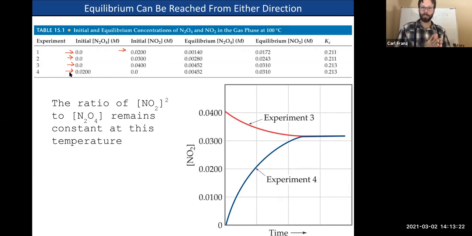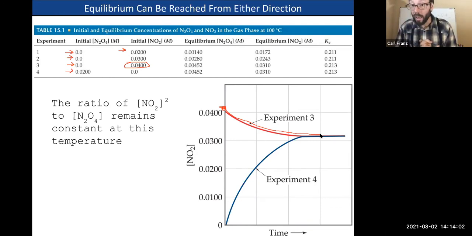And if we plot the concentration of nitrogen dioxide over time to see at what point it reaches equilibrium, they're going to come together, whether we're starting with that material, like in experiment 3, we're starting with nitrogen dioxide at 0.04. So right here, okay? That's the concentration. And we're going to see over time, at what point does this go down and start to plateau or level off? Because once it levels off, that's equilibrium.